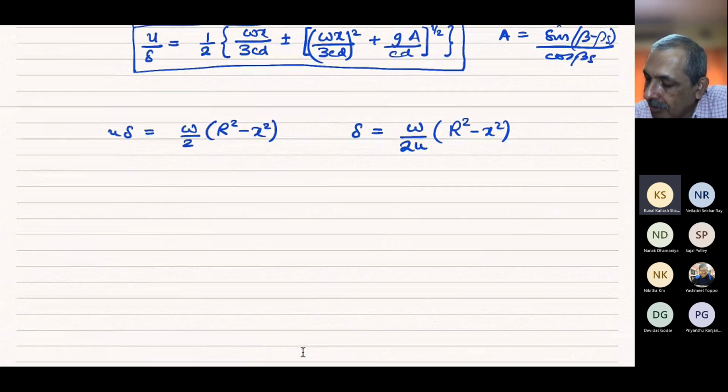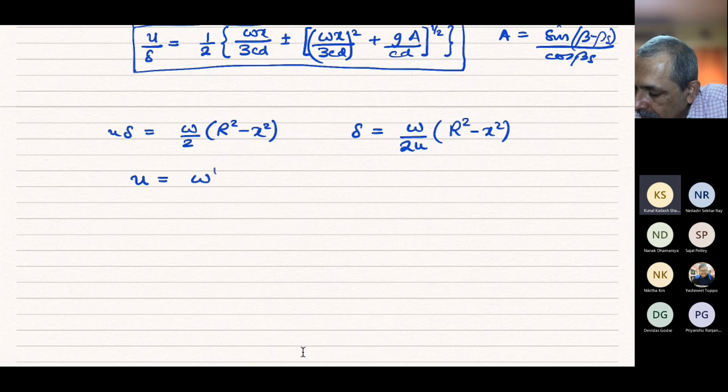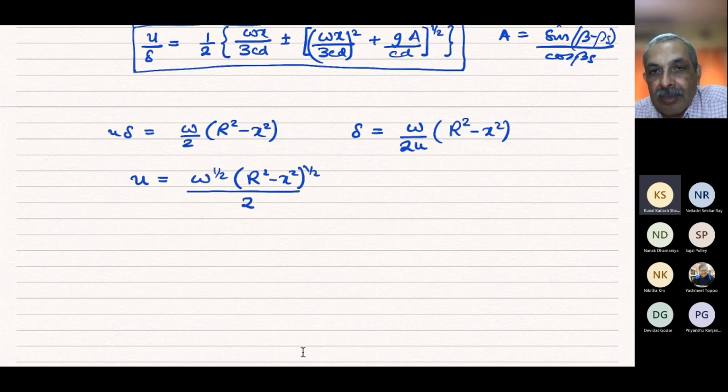If you substitute and then simplify, you will get u equal to omega raised to the power of half into r squared minus x squared raised to the power of half, divided by 2, into the same thing I've just written down, omega x divided by 3 CD.